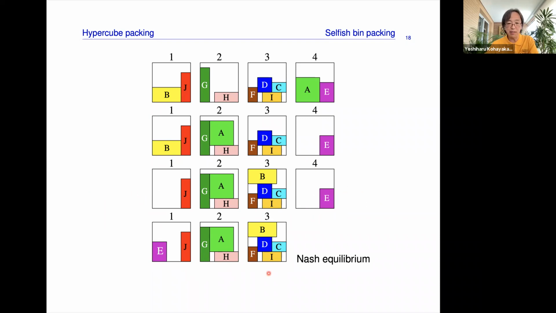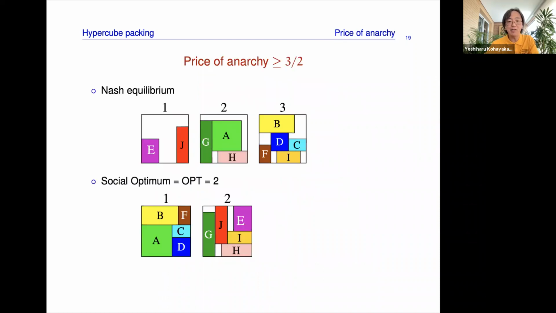And the game evolved to this situation, which happens to be a Nash equilibrium. The game evolved and you ended up in a situation which will not change, because nobody has any incentive to move. But it so happens that these items can fit into 2 bins, like in the picture at the bottom. So in the Nash equilibrium the society as a whole is paying 3, using 3 bins, but they could achieve 2.